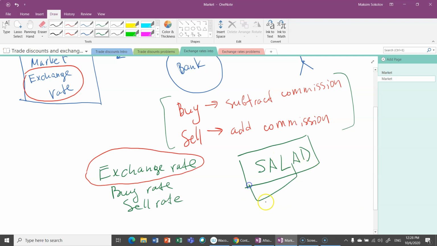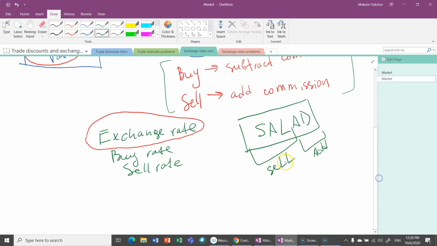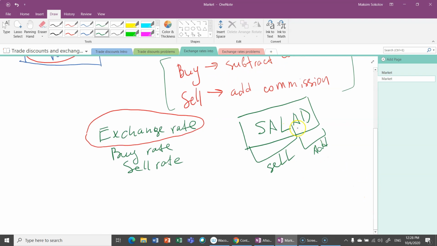So basically SALAD is sell, add, right? If you work for the bank, when you sell, you add commission. And if the bank buys, the bank subtracts commission, right?